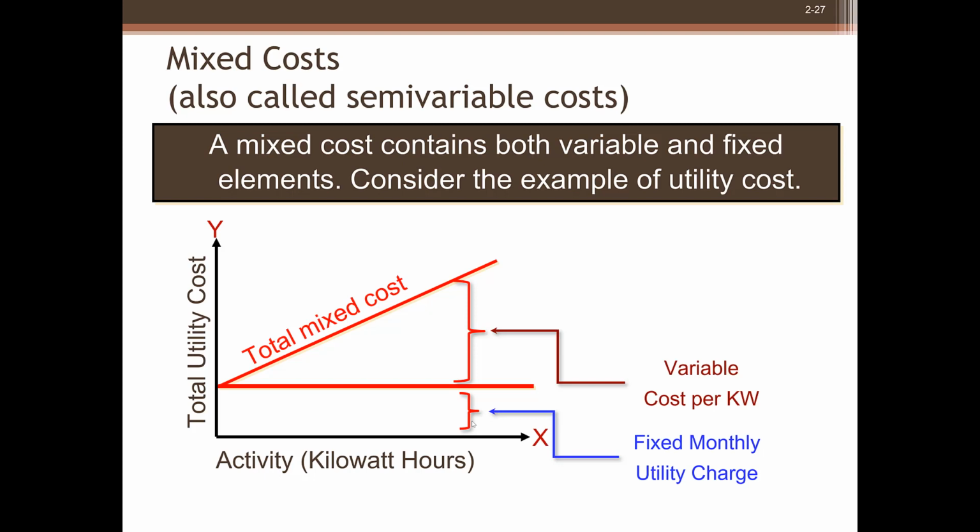The fixed portion of a utility bill is constant, regardless of the kilowatt hours consumed. This cost represents the minimum cost incurred to have the service ready and available for use. The variable portion of a utility bill varies in direct proportion to the use of kilowatt hours.